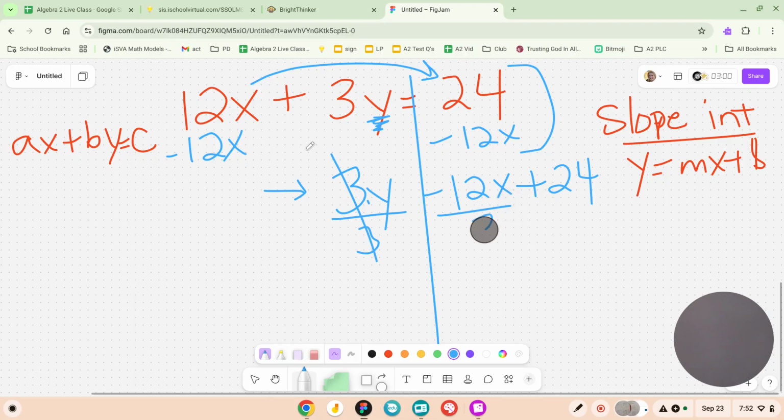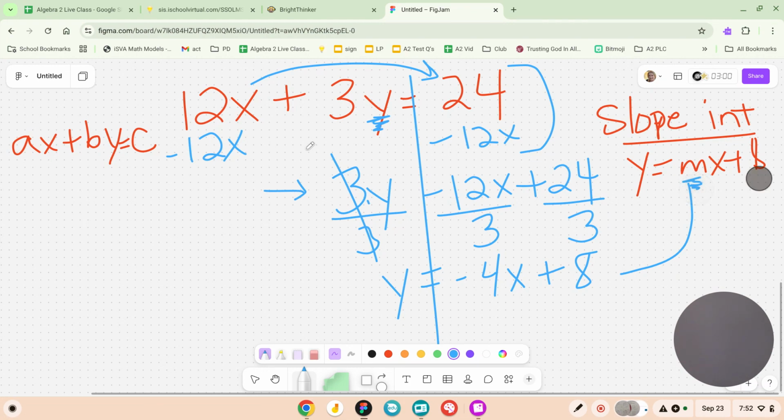And I do it as well to each thing on the other side. Negative 12 divided by 3 is negative 4x plus 8. So now I have it in my slope-intercept form. Then it'll ask you questions like, what is your slope? What is your y-intercept? Well, we know that our slope is m and our y-intercept is b. So those are pretty straightforward, easy questions.